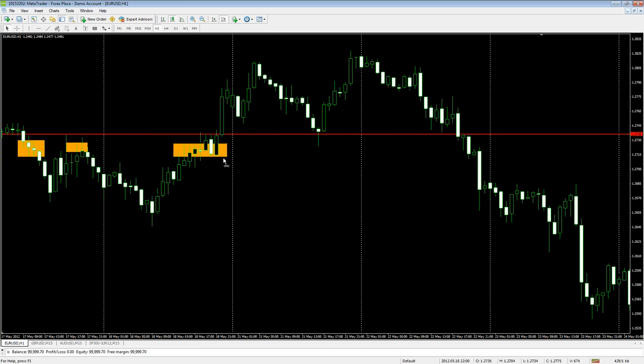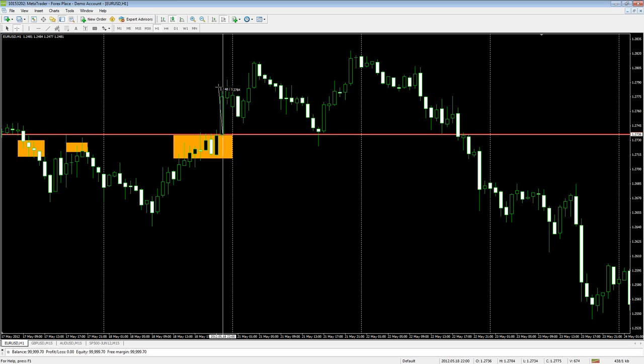So we have a reversal candle and we have a resistance area. Let me mark it here. We have this resistance area with 1, 2, 3, 4 candles closing below it, and then a strong bullish candle of about 50 pips breaching this whole resistance area.